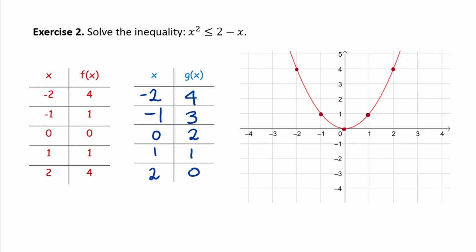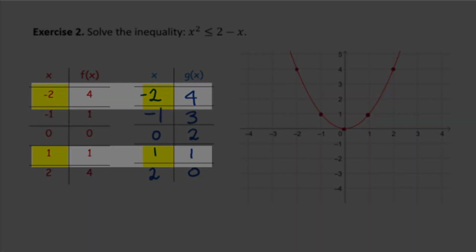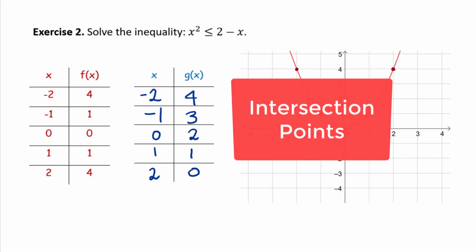Before we plot all of these points of the line, let's observe that at x equals negative 2 and also at x equals 1, the squared function and the 2 minus x linear function have the same output values. That is, negative 2, 4 and 1, 1 are intersection points of these two functions.